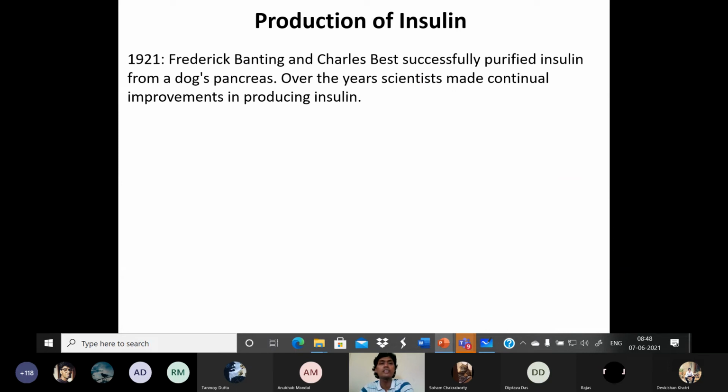The production of insulin: a long time back in 1921, Frederick Banting and Charles Best, whom you have most likely studied in your school days, purified insulin from dog's pancreas, and over the years scientists made continuous improvements in order to produce insulin.